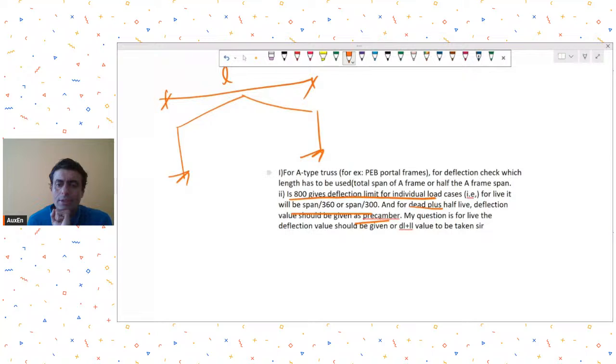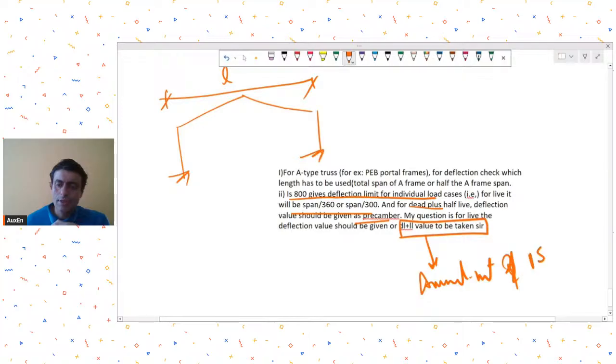My question is, for live, the deflection value should be given or dead plus live? No, dead plus live you give. There is an amendment to the statements that were given in IS 800 2007, Table 6 for deflection. There is an amendment whether these permissible deflections are for dead or dead plus live.